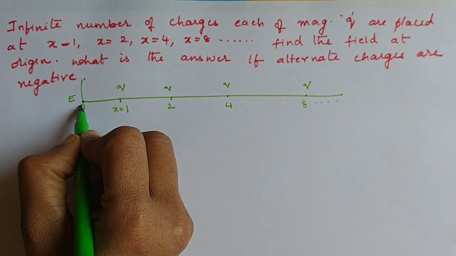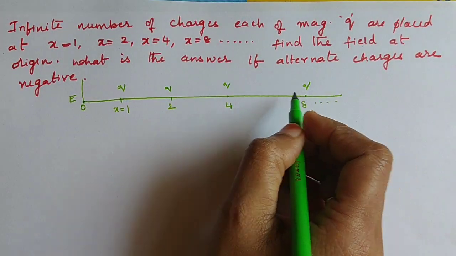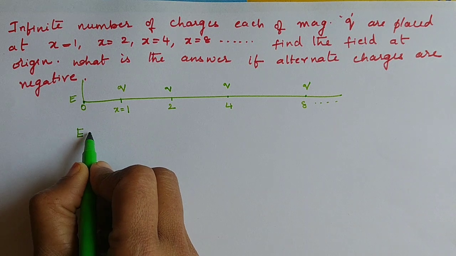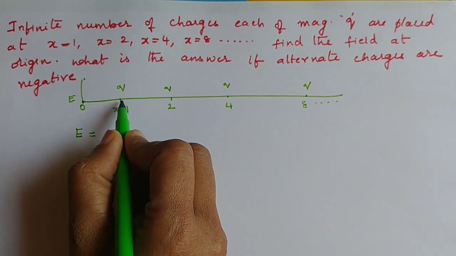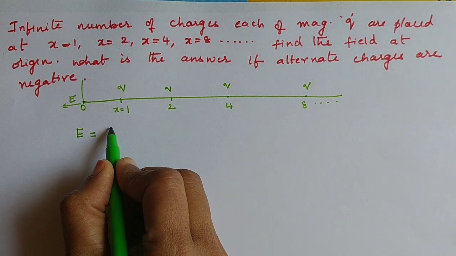So the total field at origin would be the vector sum of all the fields produced by these charges. So write the equation, the net field due to first charge, because all are directed away from it towards negative x-axis.